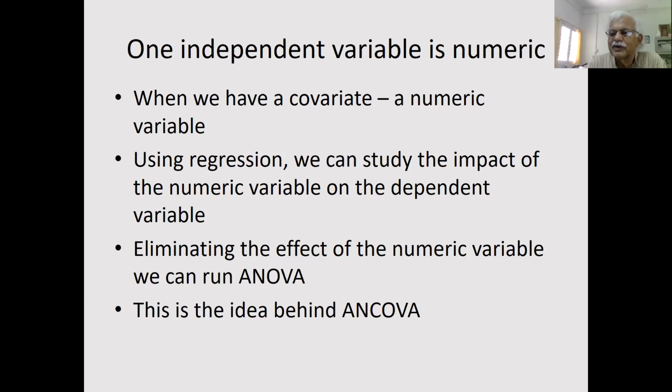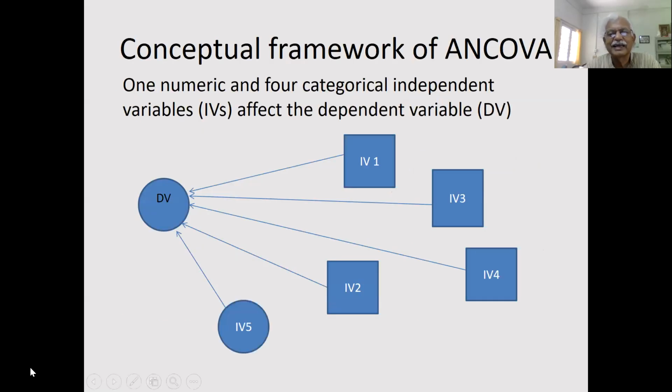Age is a numeric variable, so we do regression analysis of anxiety scores on age, and then for each subject we take the residual part, and that residual part becomes a new dependent variable, and gender and urban rural residence become independent variables, and the analysis of variance technique is used. So it's a combination of regression and analysis of variance.